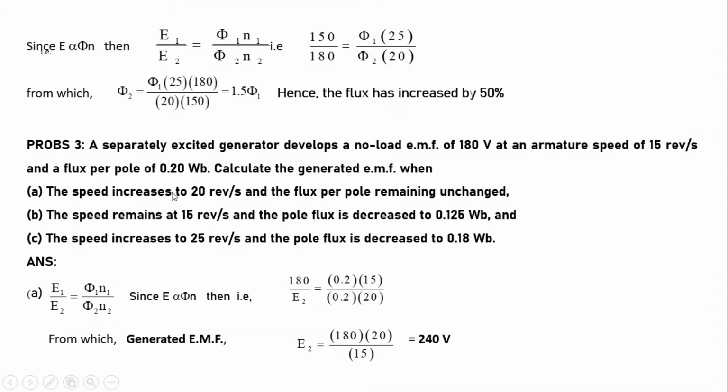So speed has been increased and the flux will not be changed. Initially it is generating 180 volts at a speed of 15 revolutions per second. Flux has been given. Now you have to find out the generated EMF when speed increases to 20 revolutions per second with flux unchanged.